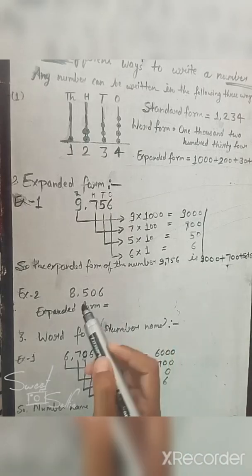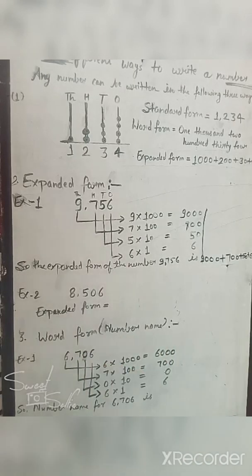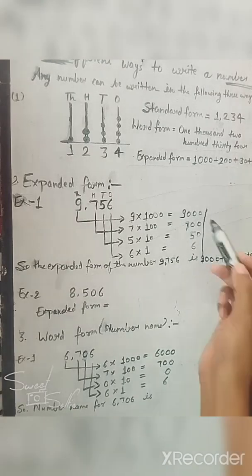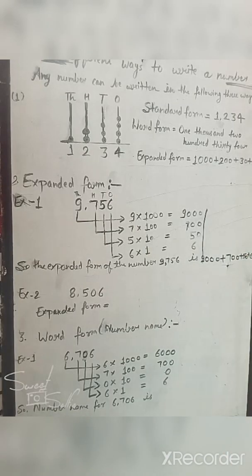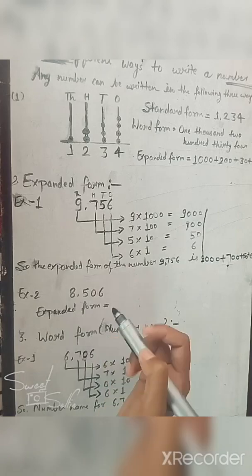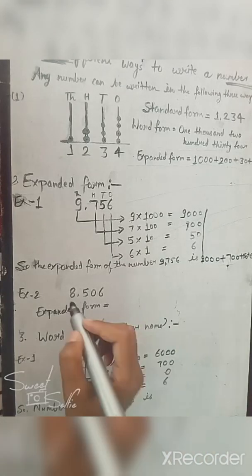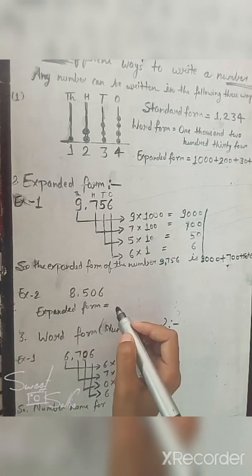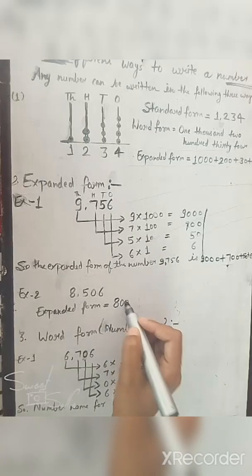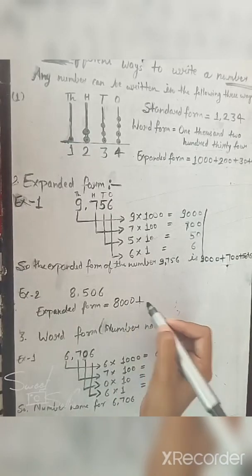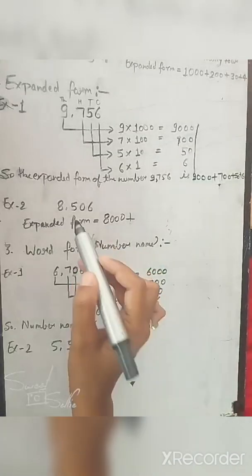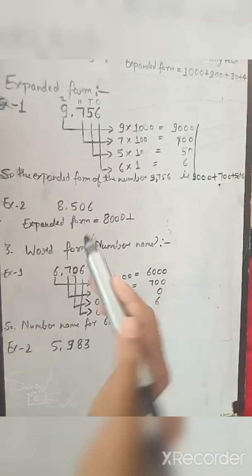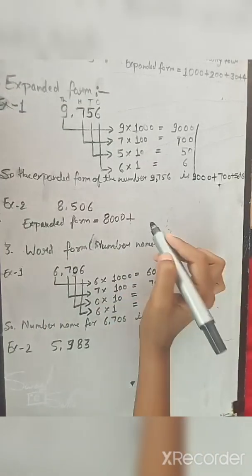Look at another example. Example second, 8506. We have to write it in expanded form. My dear students, there is no need to write all these steps. It is only for your understanding. So in this number we will write it directly. 8 at thousands place, so 8000. After this, plus sign. Next, 5 at hundreds place, so when we multiply 5 with 100, we get 500.